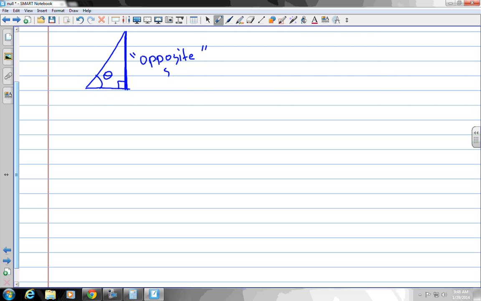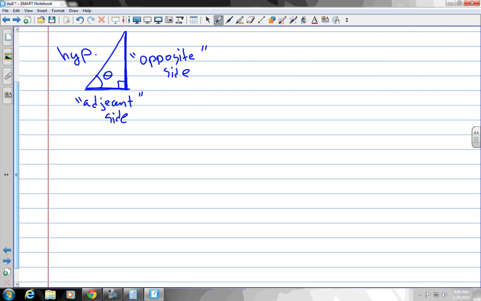This side right here that touches theta, we're going to call the adjacent side. And the hypotenuse is the hypotenuse. Since I'm not 100% sure how to spell hypotenuse, it's just hypotenuse. Okay?